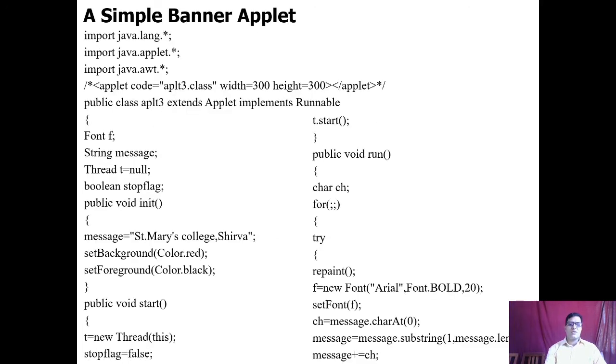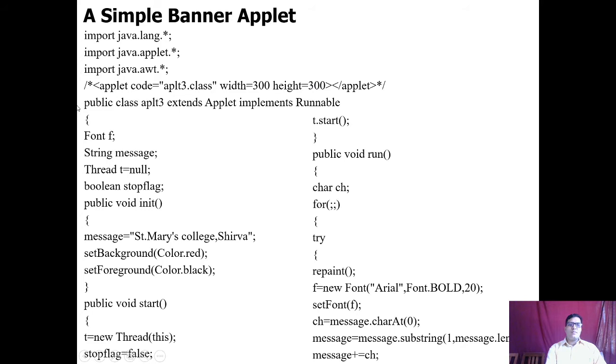Here one simple program exists. Actually it is one of the previous lab programs. It is only for your understanding purpose. Let us understand this program. I'm not showing the execution. Import java.lang.*, import java.applet.*, and java.awt.*. Here the comment section is placed with the applet tag, code applet3.class, and we are specifying the width and height.